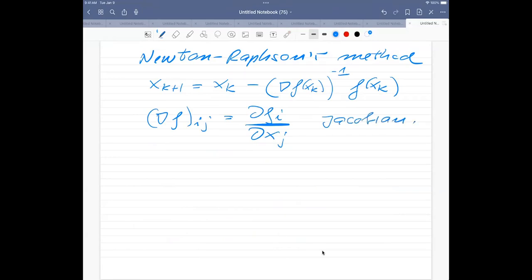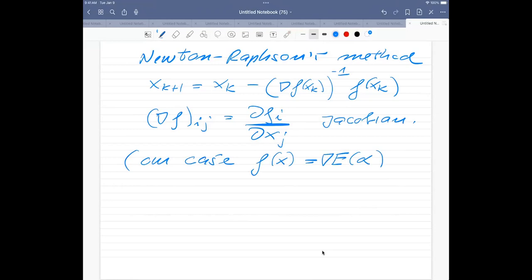Now, in our case, the function we want to drive to 0 is not a function f of x of k, but it's actually the derivative of the energy. So in our case, this f of x is equal to the energy derivative, the gradient of the energy with respect to these parameters alpha.